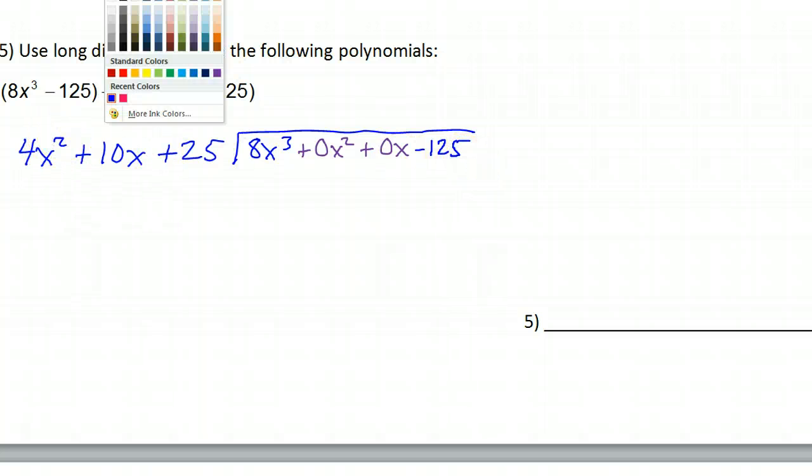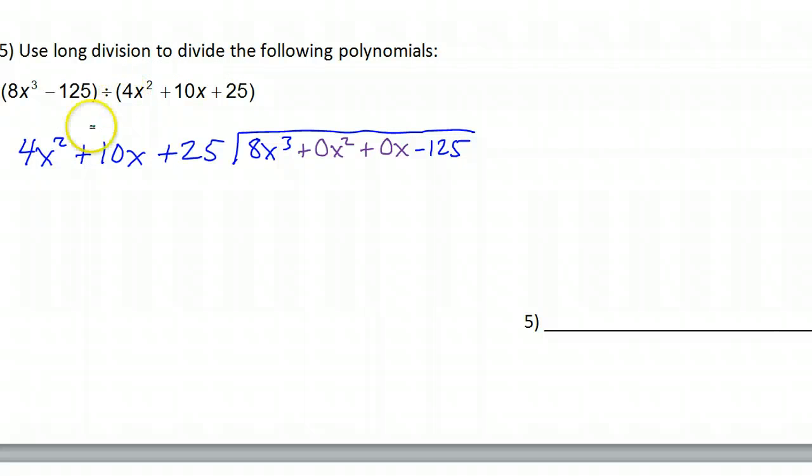Okay, and the way we do this is we ask ourselves 4x squared times what will give me 8x to the 3rd power? Well, 4 times 2 will give me 8, and x squared times x will give me x to the 3rd power. So I'm thinking 2x. Once I have this 2x, I need to take it and do the distributive property. Bam, bam, bam.